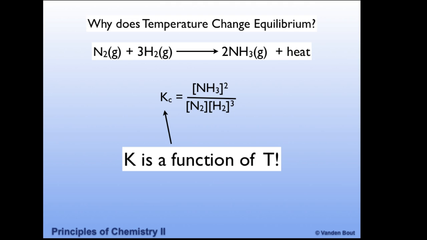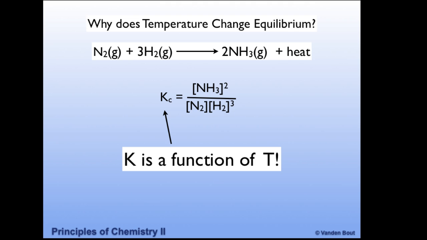The equilibrium constant is constant unless you change the temperature. That is, the concentrations or the partial pressures will always adjust until they achieve the lowest free energy value, which is the value they can have at equilibrium. But now, as we change the temperature, it's that equilibrium constant that's changing. K is a function of temperature.